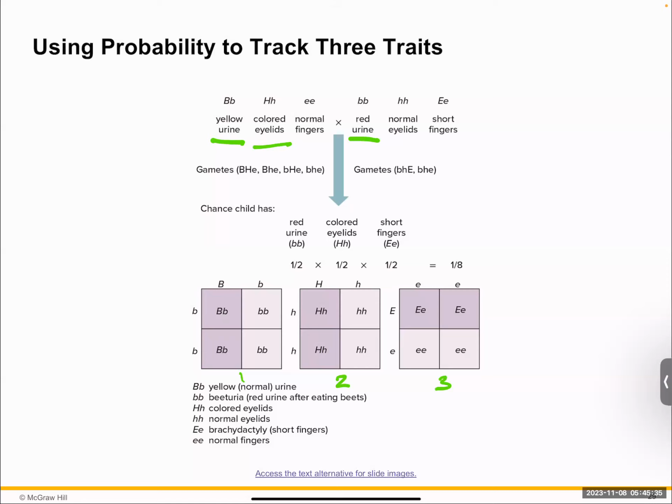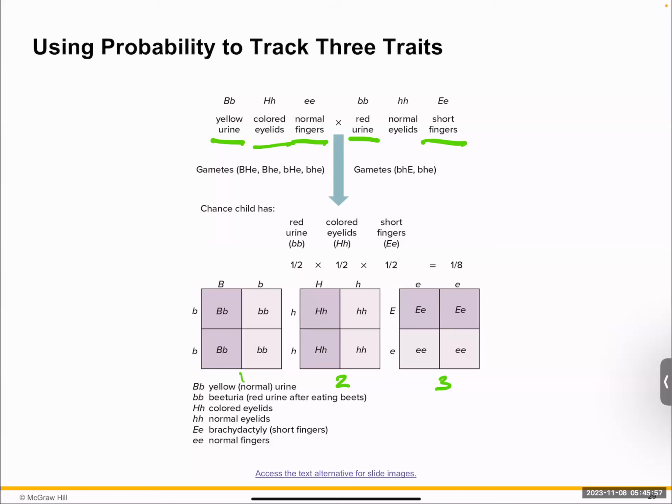And the last one is normal fingers versus short fingers, with normal fingers being the recessive and short fingers being the dominant trait. So all I need to do is do a Punnett square for each of them and ask what type of gametes I am looking for. So I calculate them individually.